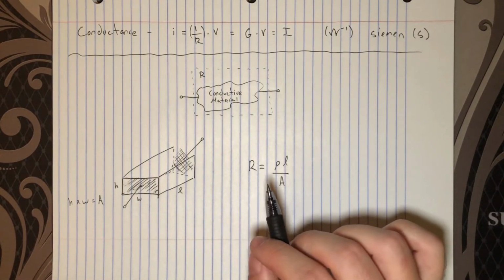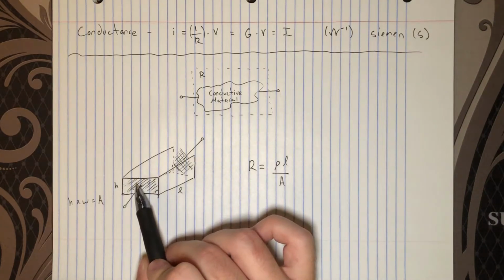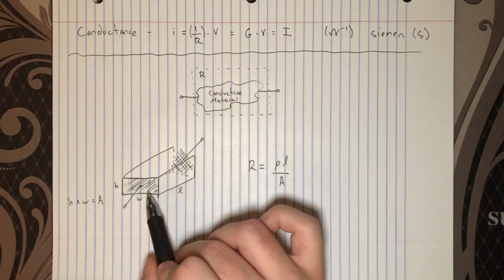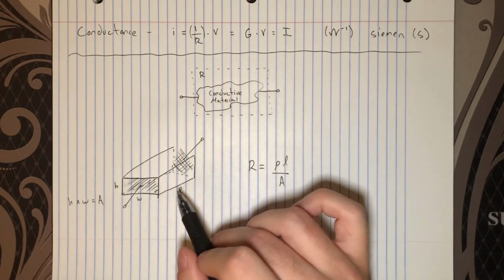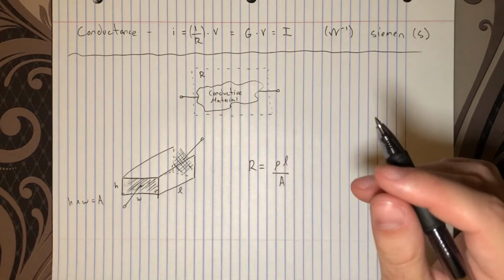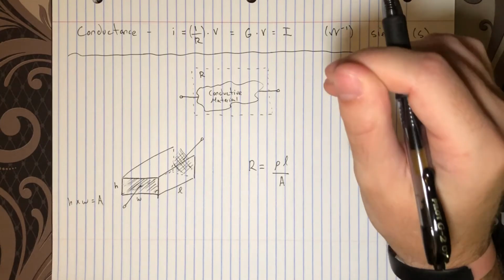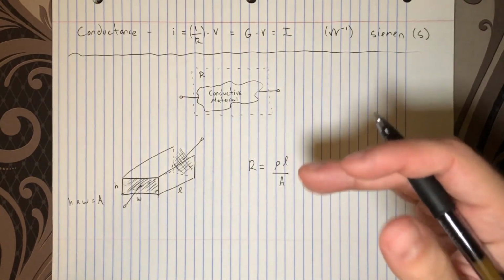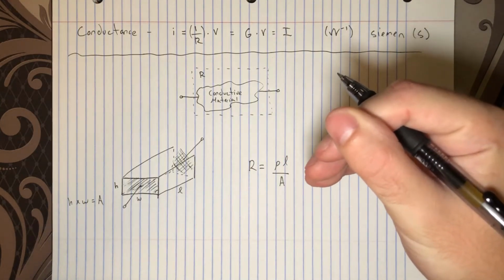So if you look at this relationship, we know that if we reduce the area with which current can flow, less current will flow. And if you increase the length that the current has to flow through, and think about what I just described about the charge carriers flowing at the microscopic level, the longer this distance is, the more each of those charges has to go through the lattice structure of these molecules and atoms.